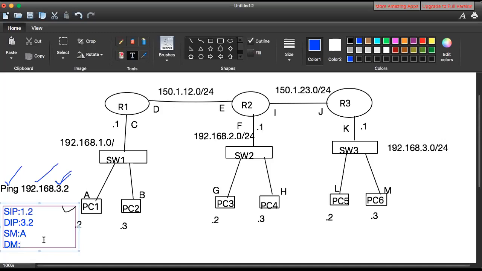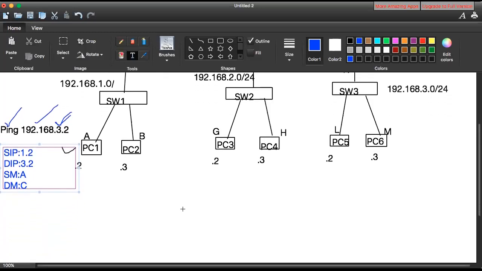How does that ARP request look? Anyway, for destination MAC, just to complete this, I'm going to put the destination MAC address here. I would explain why and how, but as of now, how does the ARP look like?